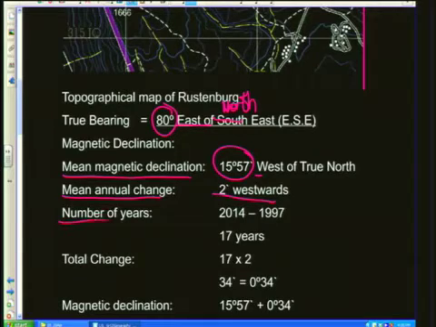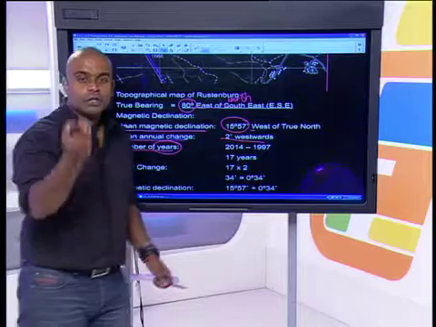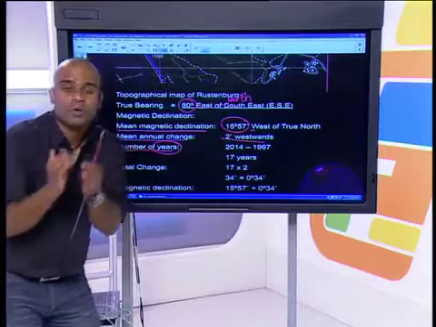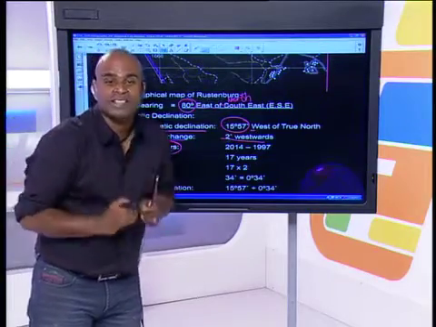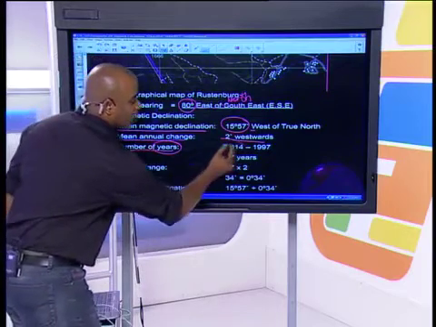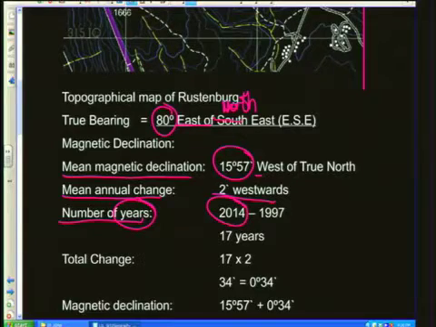Let's look at the next step, number of years. As we've established already, the question requires you to calculate the magnetic declination for the present year. In this example, our present year is 2014. As we've established from the margin of the map, the year is 1997.